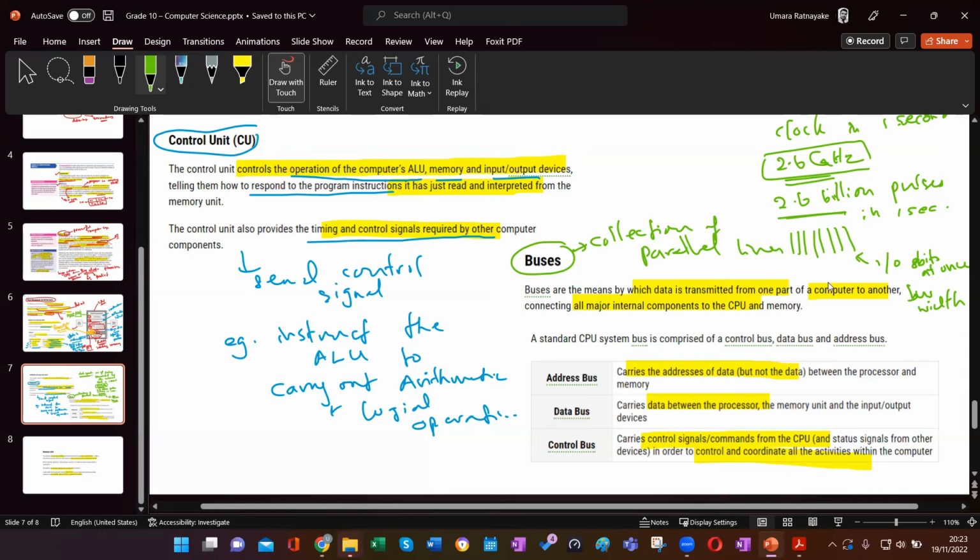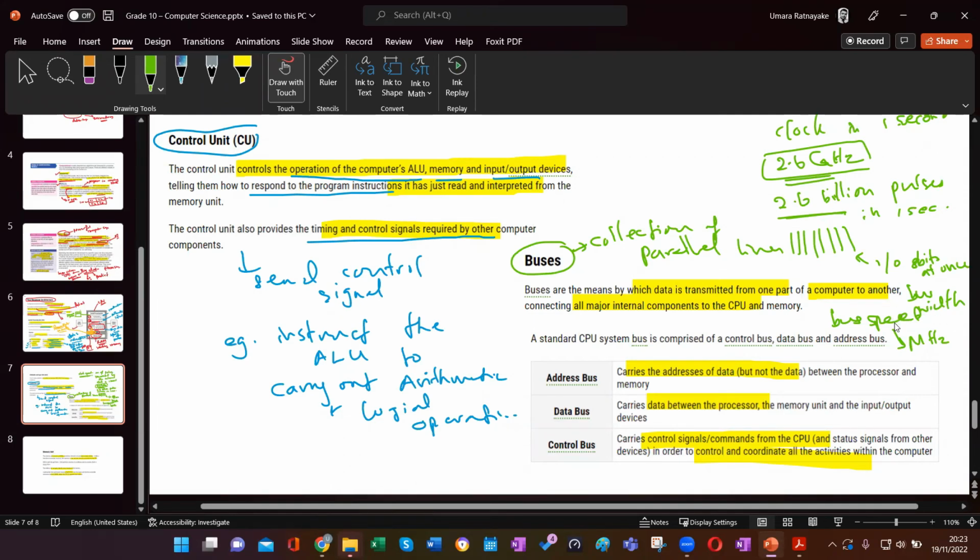The data should be moving fast. That is called the bus speed. That is also something you should look at when you're buying a computer. Bus speed is measured using megahertz. Bus width is measured using bits. So you should look for a computer which has a higher bus width and a higher bus speed.